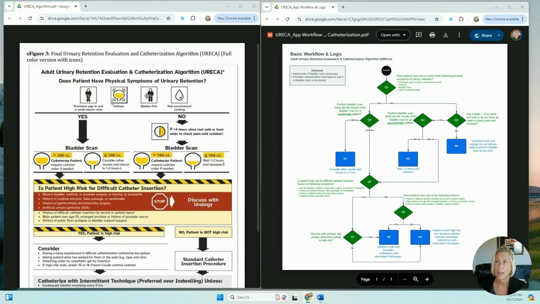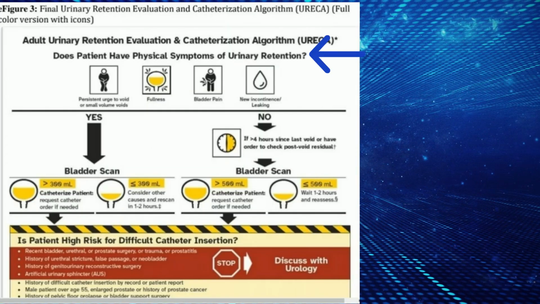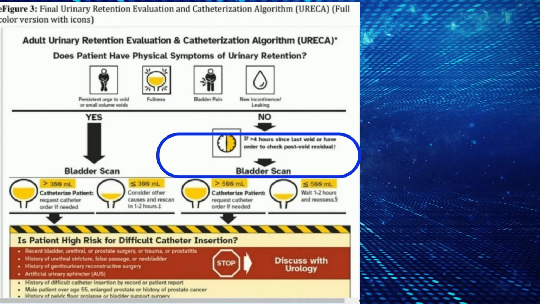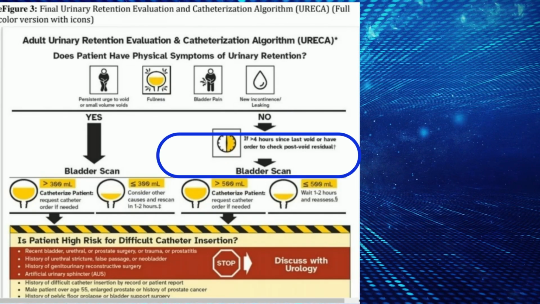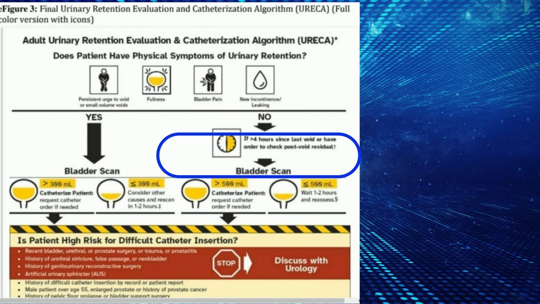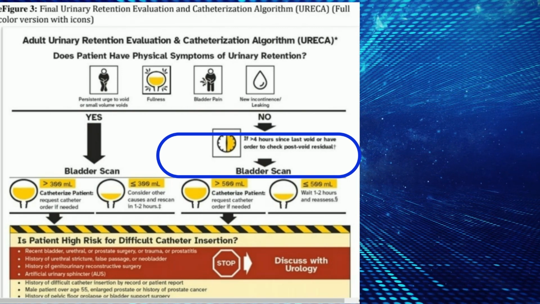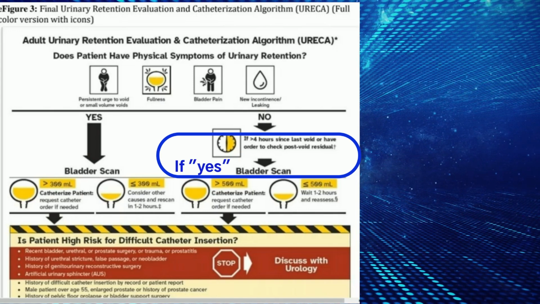If you look at the right side of the algorithm, the question is asked, do they have symptoms of urinary retention? If the answer is no, then another criteria is asked: has it been greater than 4 hours since the last void, or is there an order to check a post-void residual? If the answer is yes, then they get a bladder scan.